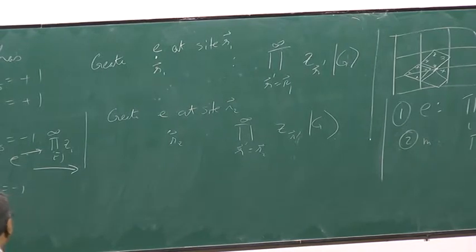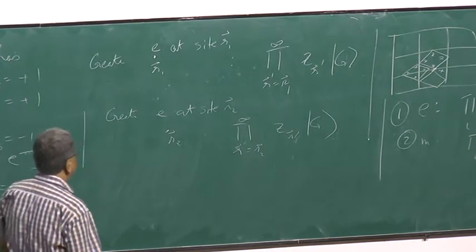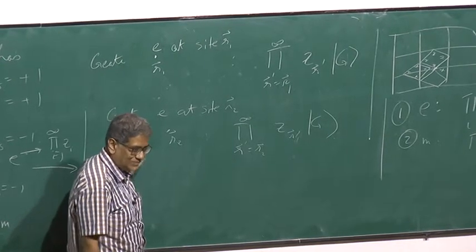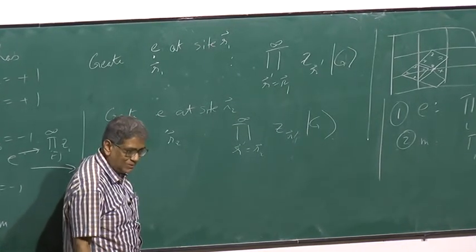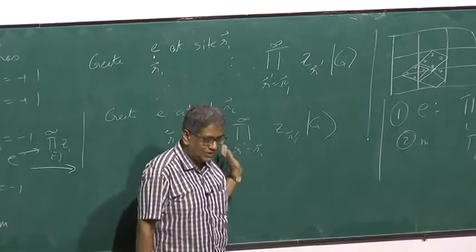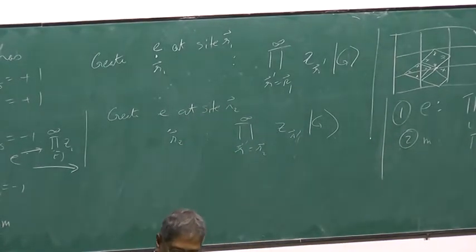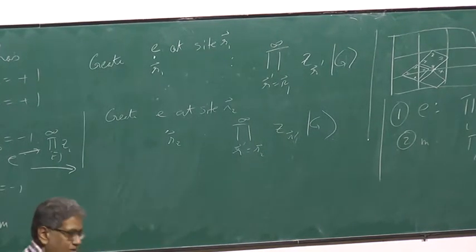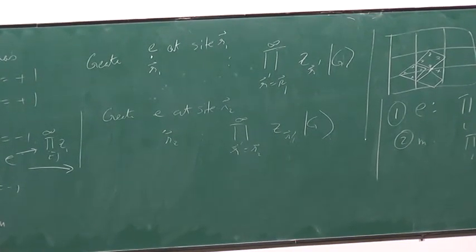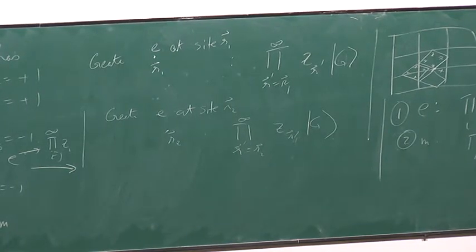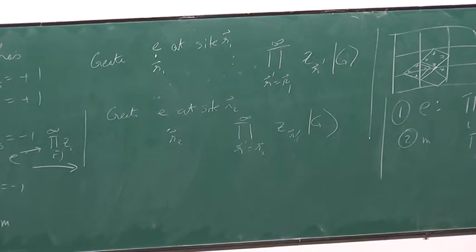So now, do you think these two commute? They commute, right, because each of them is a string of Z's and all Z's commute with each other. So that means two particles both with electric charge are bosons because their creation operators commute with each other.